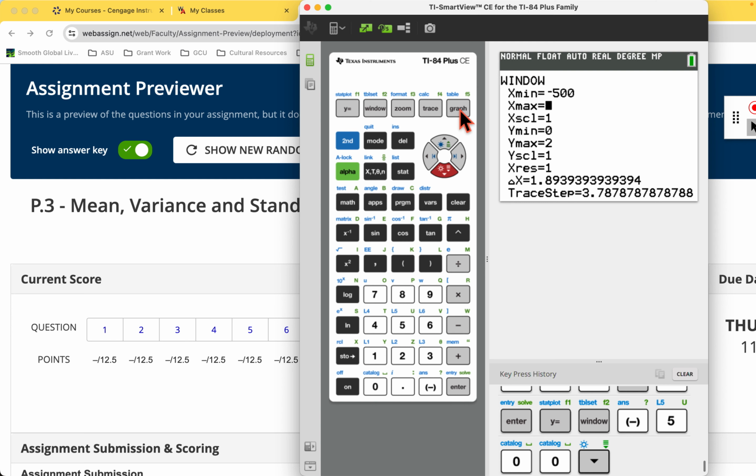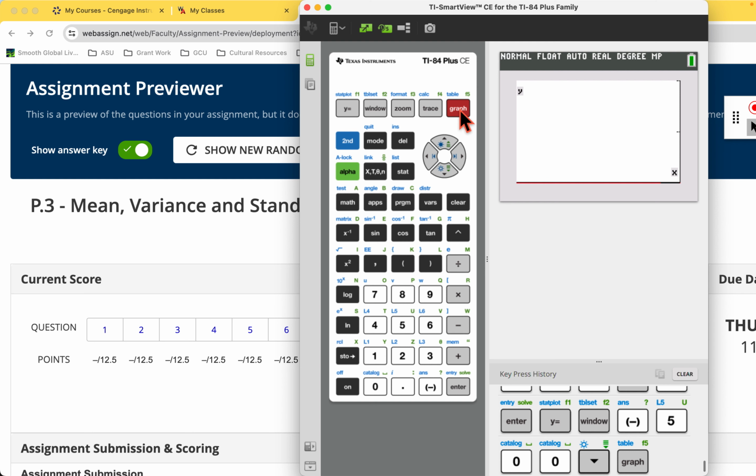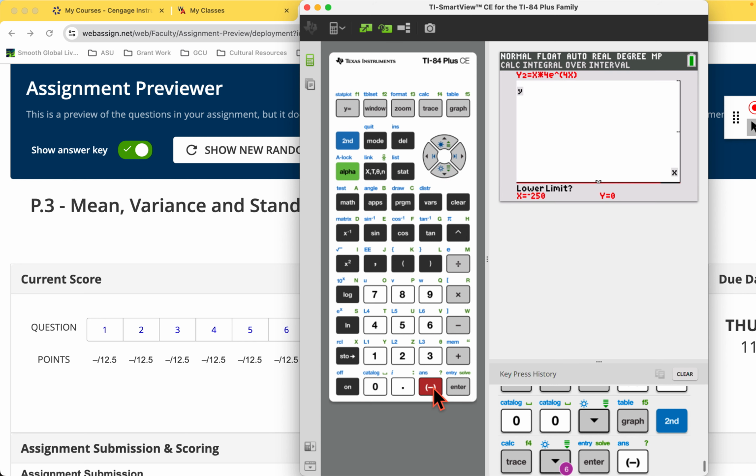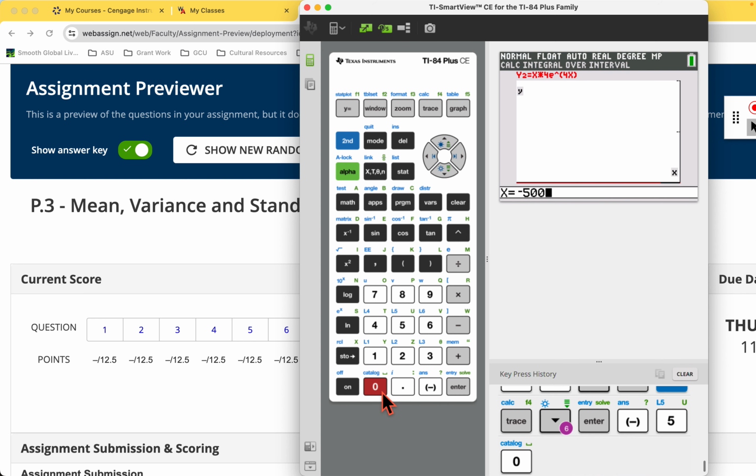Let's go back to the graph. X is 0. Again, it's still way down there. But I remember I only went to 500. So negative 500 until 0. Let's see what we get this time.